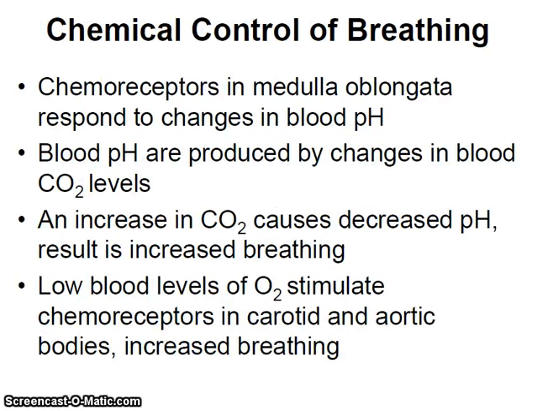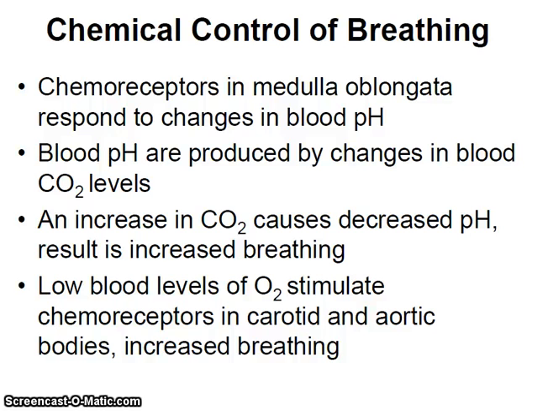There is a chemical control of breathing brought about by changes in acidity of the blood, or pH, which is affected by carbon dioxide levels. An increase in carbon dioxide causes a decreased pH, and that results in increased breathing. Low levels of oxygen in the blood stimulate these chemoreceptors.